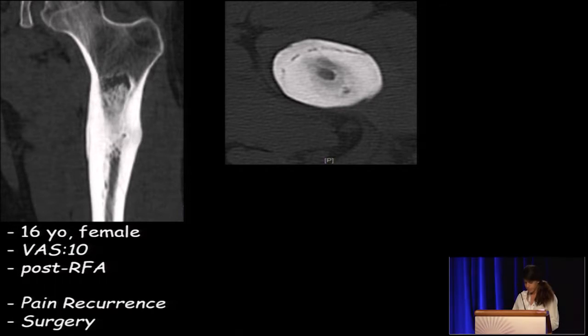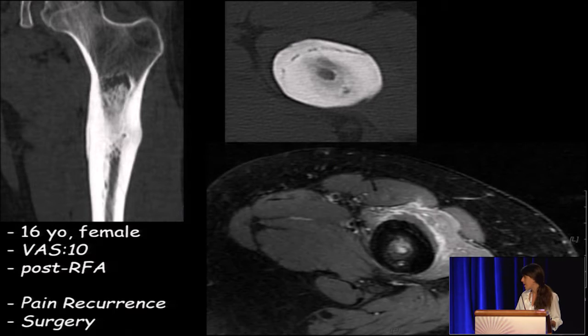This is quite an interesting case because it is one of our first cases. This is a 16-year-old girl, and as you can see right over there, we can see the sclerotic lesion and we can see the nidus. And in fact, she has another nidus right over here, which was caused by a prior radiofrequency ablation, because the drilling causes the formation of another nidus.